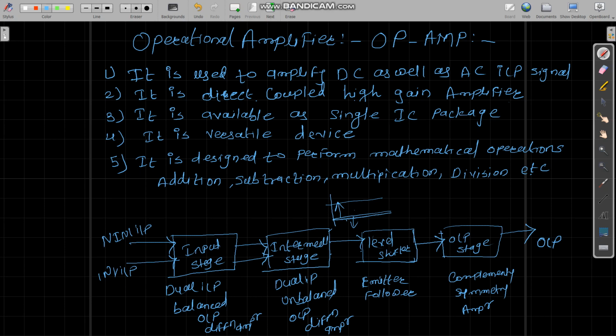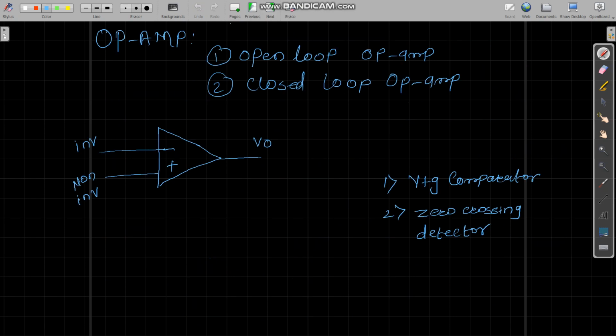Now let us see what the symbol of this op amp is. This is the schematic symbol of your op amp, which consists of two inputs and one output.